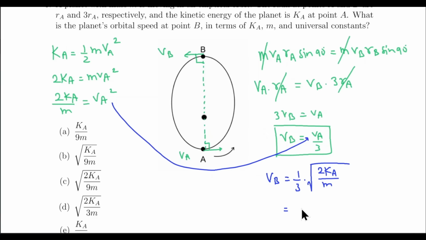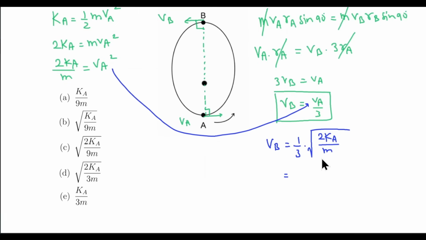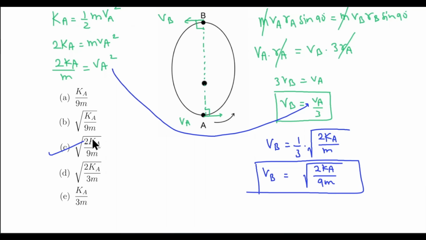So this is finally going to look like square root of 2 over 9, because if you bring this 3 inside, it will become 9, because I need to match the options. It will be square root of 2 Ka over 9m. That's another way to write the same thing, which is option C, right?